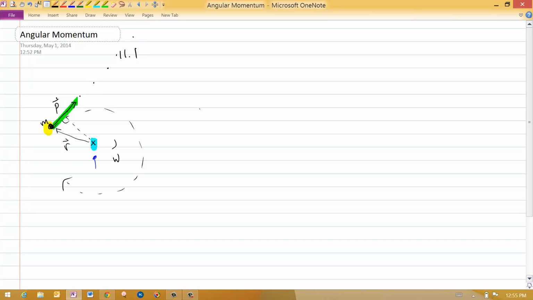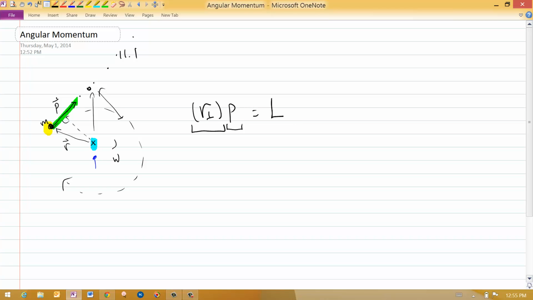If I take the part of the displacement from the origin that is perpendicular to the momentum, and then I multiply by the momentum itself, as this thing is moves with no interactions from the surroundings, the r will change continually. So when it's over here, there's where the new r is, but the r perpendicular part never changes, and the momentum never changes. Here's a quantity that, for an isolated system, does not change. I'm going to call this the magnitude of the angular momentum.